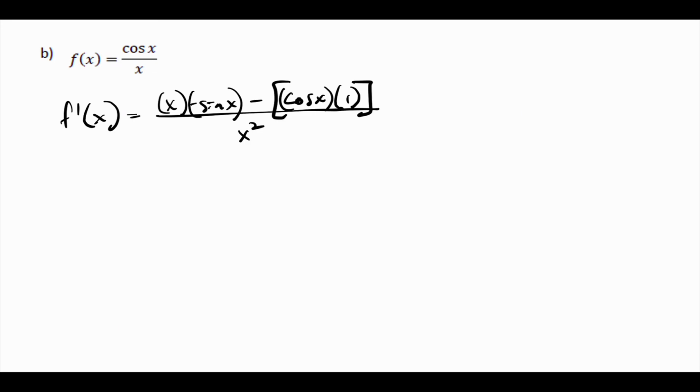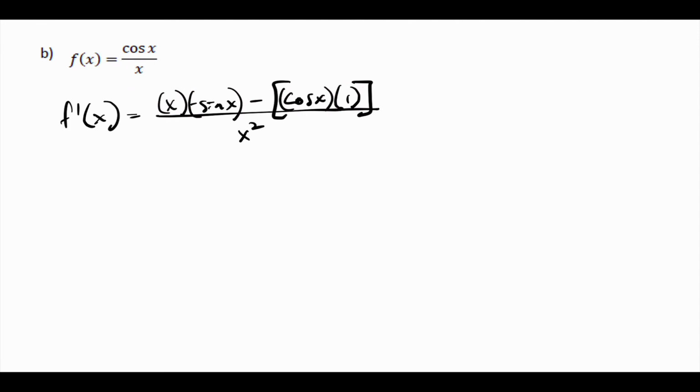Okay, so quotient rule says low D high, low times the derivative of the high, minus high D low, over low squared, or low times low.